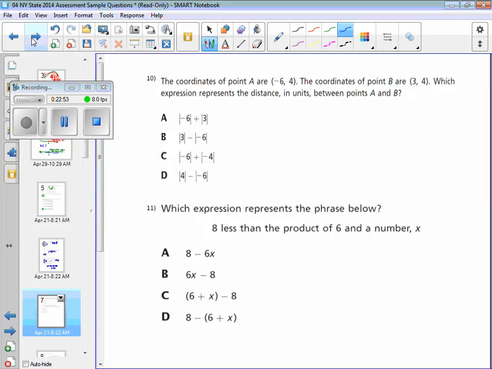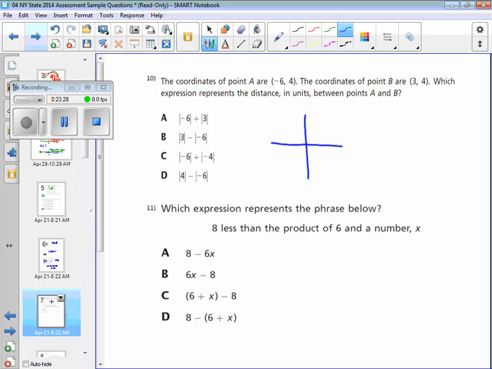Okay. Number 10. How many have A? How many have B? C. D. Oh, I got it. We've just done it, but let's draw it out. We covered this. It was in mod 3Q. Negative 6, 4.